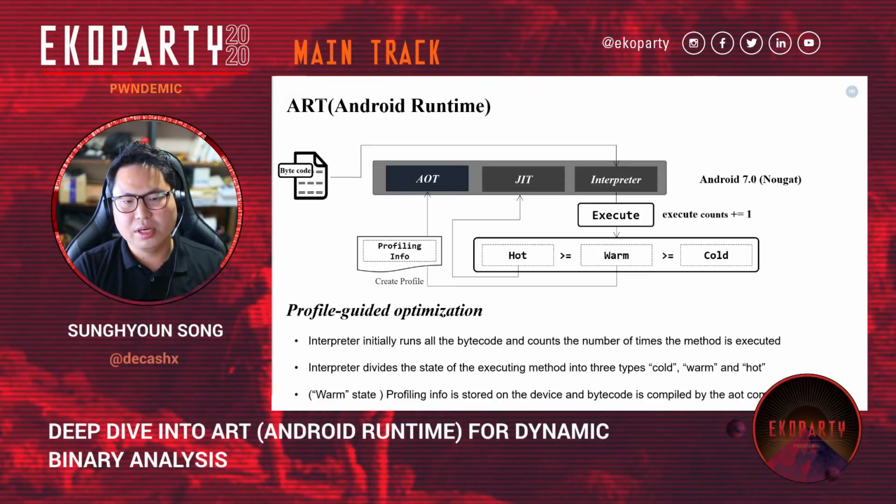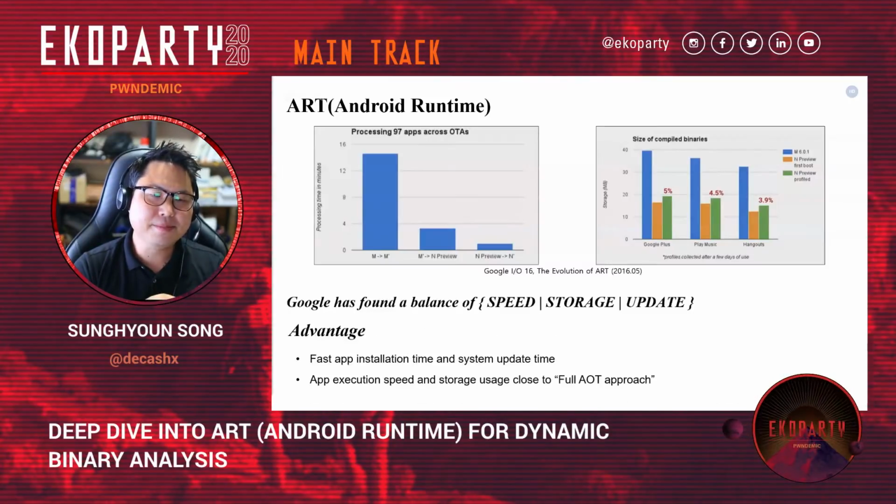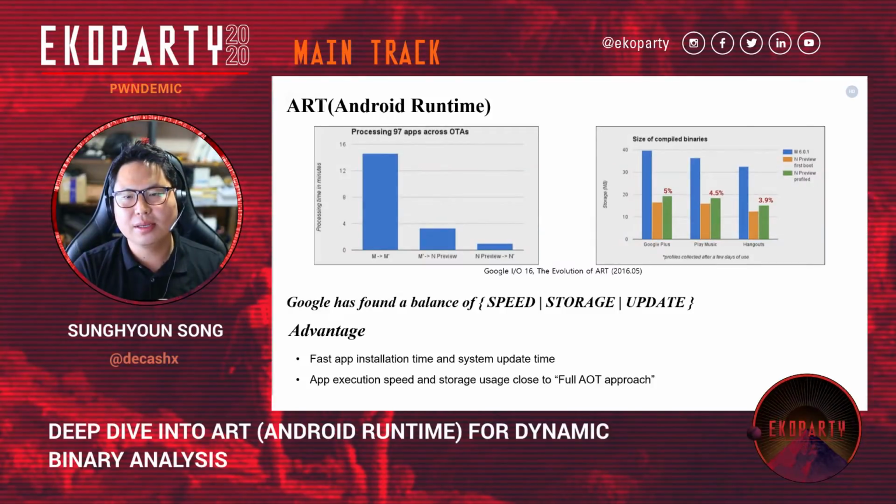I explained earlier that the old compilation method converts all bytecode into native code and stores it regardless of the usage pattern. It really slows down update and installation and requires more space. But now we have profile guided optimization that selectively creates native code for the features frequently used.